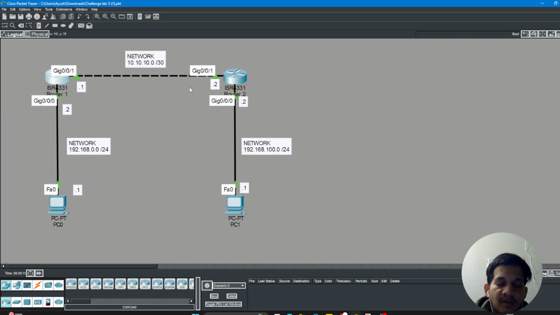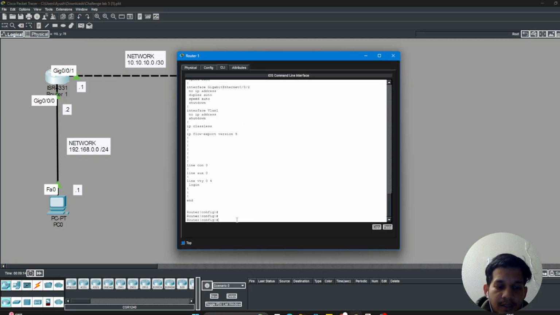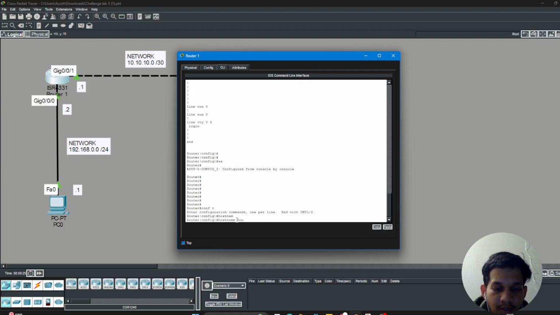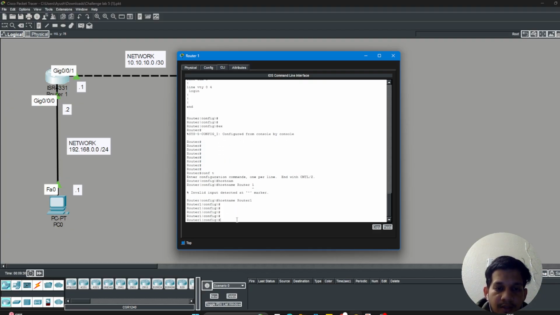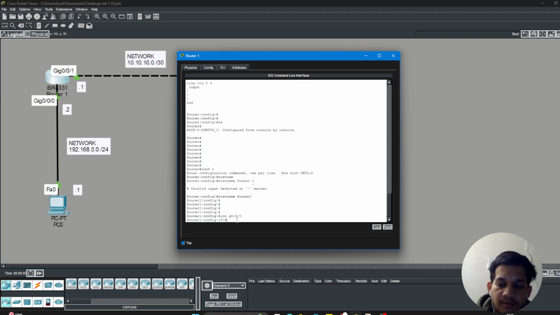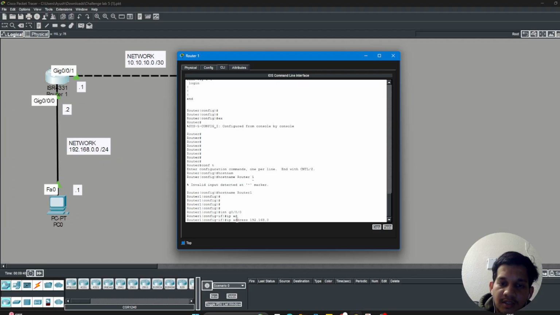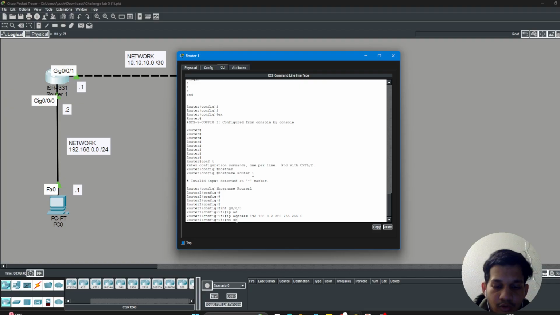So let's take router 1. The thumb rule is to go to global config mode and change the host name to router1. Then go to interface G0/0 and put in the IP address 192.168.0.2 with mask 255.255.255.0, and then no shutdown.